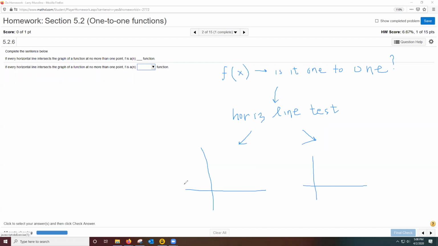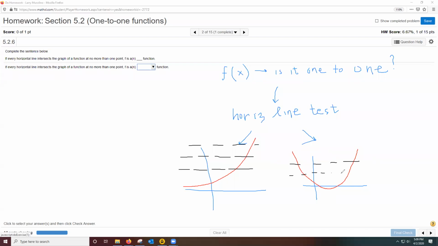And this graph I'm going to draw looking like this. And this graph I'm going to draw looking like this. All right, so here's what you do. Imagine drawing any horizontal line that you want. So I'm going to draw some horizontal lines here. Here's a horizontal line. Here's another one. Imagine drawing any horizontal line. I'll do the same thing over on this graph too.